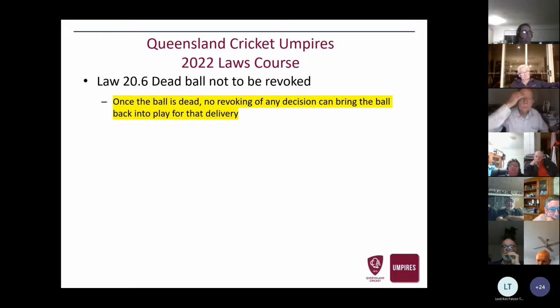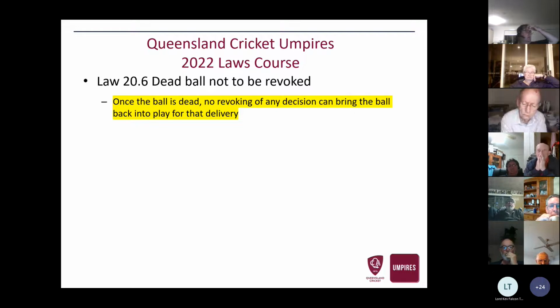Law 20.6 is also a new part of the 2022 laws. So once the ball is dead, no revoking of any decision can bring the ball back into play for that delivery. So for example, you give a batter out LBW, and as you're putting the finger up, you realise that you've made a terrible mistake and immediately reverse that decision.